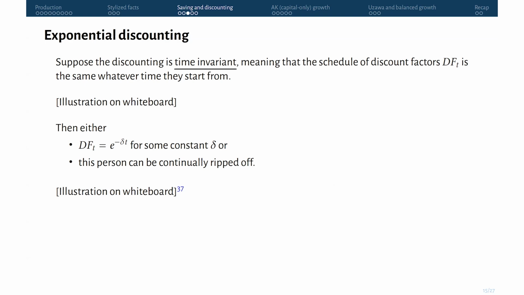So given that time invariance, then it's got to be that your schedule of discount factors is exponential. So every further year into the future knocks a constant proportion off of how much you care about getting a util then. That's got to hold, or else you can be continually ripped off.